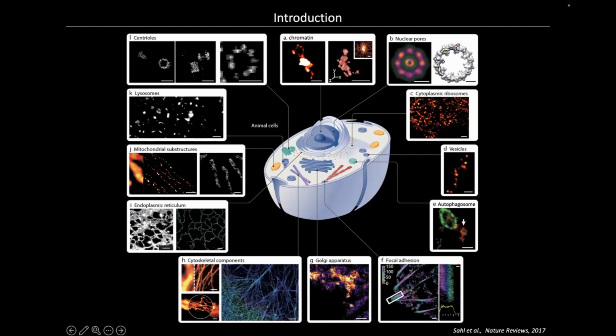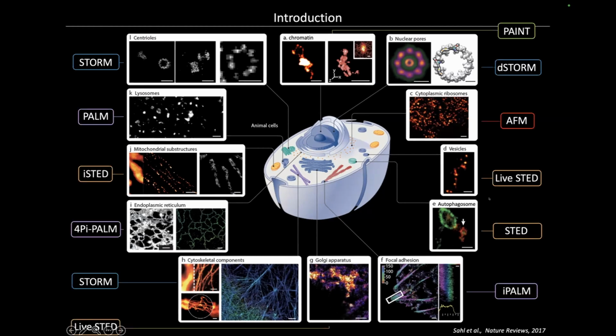For decades now, scientists have been super excited about visualizing their favorite organelles, and this is why super resolution microscopy has been developed in general. I like this review because it covers different subcellular compartments of the cell and how they can be observed with different types of modalities.